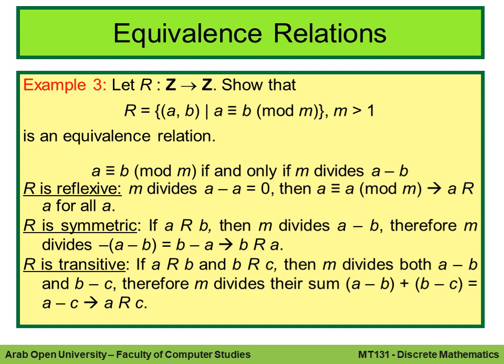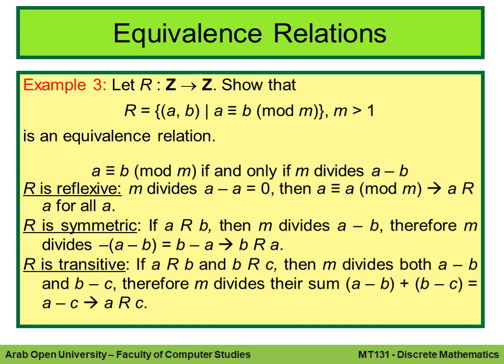Here is another important equivalence relation, which we already considered when we studied the integers, and that is the congruence relation. Congruence mod m is an example of an equivalence relation. It is a relation on the set of integers, defined by: (a, b) is in the relation, or a is related to b, if a is congruent to b mod m. m, of course, is a positive integer greater than 1.